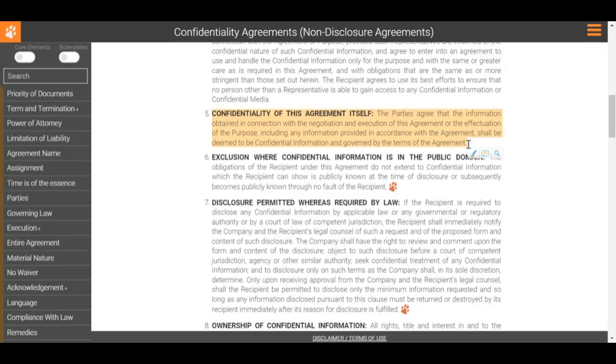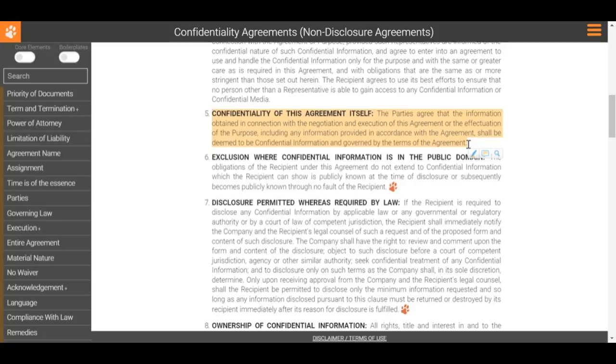This provision ensures that the negotiations and discussions that occur during the creation of this agreement and in contemplation of this agreement will also be deemed confidential, if that has been contemplated by the parties. This clause can be a separate provision or may be included in the definition of confidential information itself.